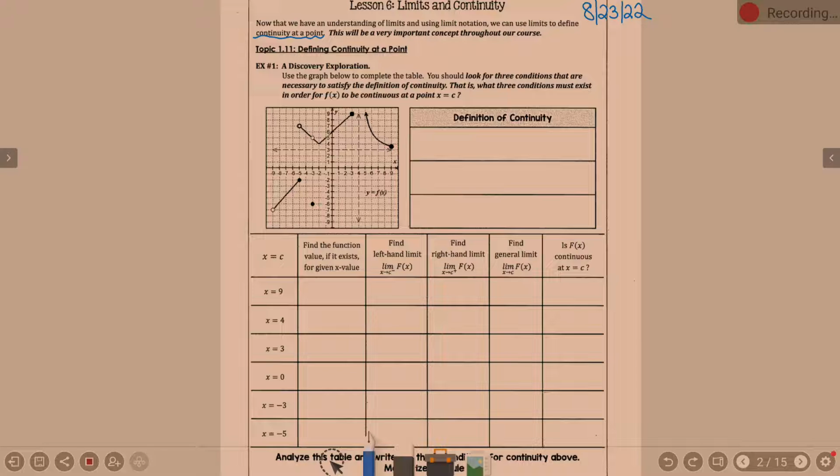Now, let's start off by filling in the first column. These are just find the function value, if it exists, for a given x value. So, using this chart here, when x equals 9, what is the value of the function? What are you going to estimate that to be? 3.5 sounds good to me.